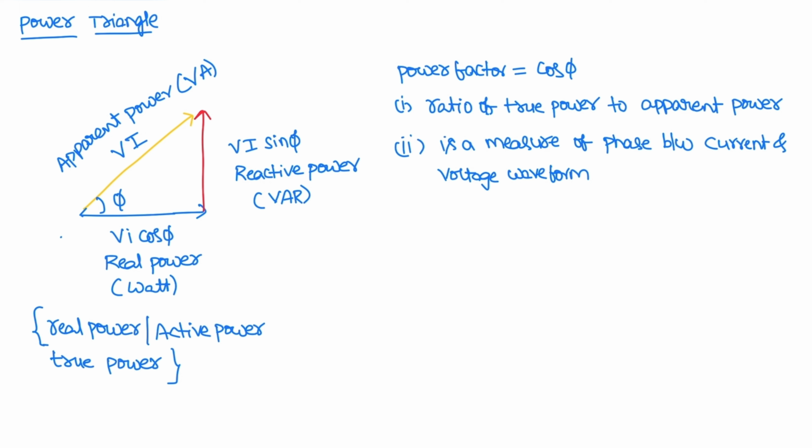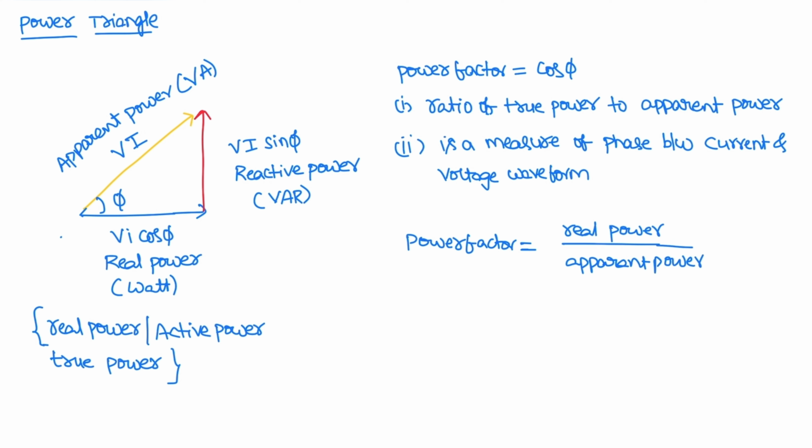Units of apparent power are volt amperes, and reactive power is VI sin phi. So power factor is cos phi, equal to the ratio of active power to apparent power, that is VI cos phi by VI.